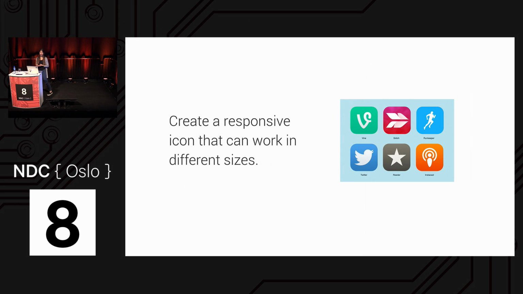Another thing is to create a responsive icon that can work on any size, because remember, your PWA will be accessed throughout so many different devices, sizes and platforms. The best way to design a responsive icon is to make it as simple as possible.